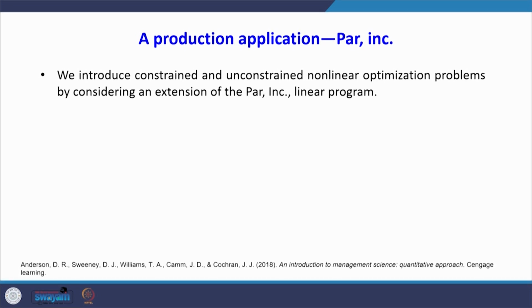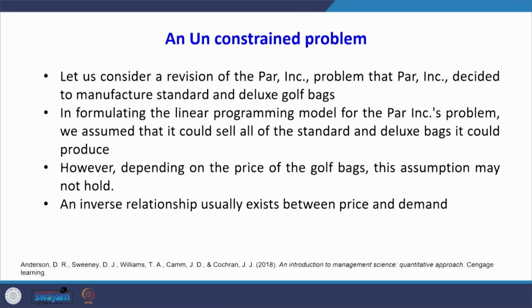So, the first topic is constrained and unconstrained nonlinear optimization problems. If there is no constraint in the problem, then we can say it is an unconstrained nonlinear optimization problem. That means there will be only an objective function. If you include constraints in the problem, then it is called a constrained nonlinear optimization problem. First we will discuss an unconstrained problem.